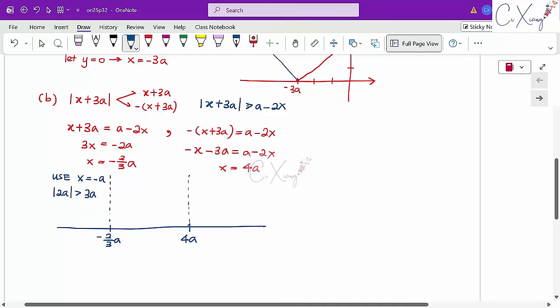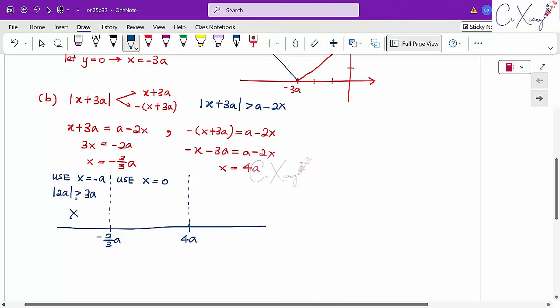So you ask yourself, after you substitute this particular value, is this inequality a correct answer or wrong answer? This inequality, very obvious, is false, right? Because 2a shouldn't be greater than 3a. So that means this is not a correct answer here. Then I want to use a value that is between these. Maybe I try x equals 0.